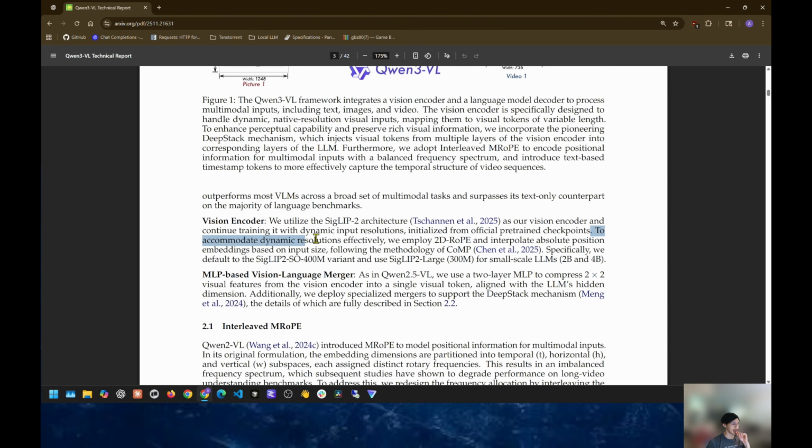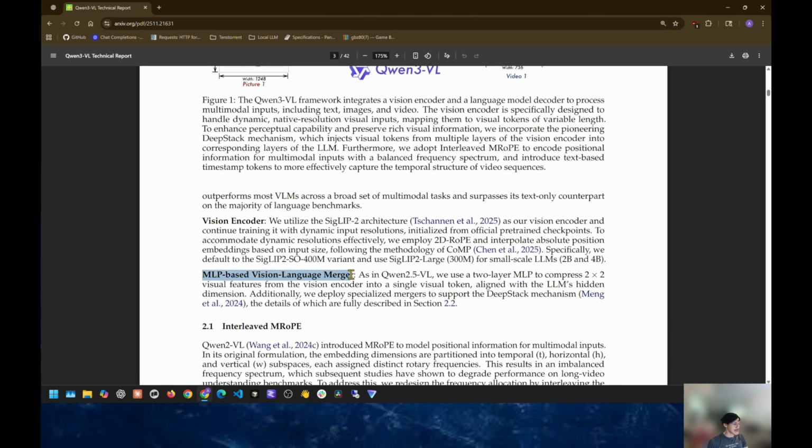To accommodate dynamic resolutions effectively, we employ 2D RoPE and interpolate absolute position embeddings based on the input size, following the methodology of CoMP. Specifically, we default to the SigLIP2 shape-optimized 400 million variant, and use the SigLIP2 large 300 million variant for small scale LLMs, the 2B and the 4B.